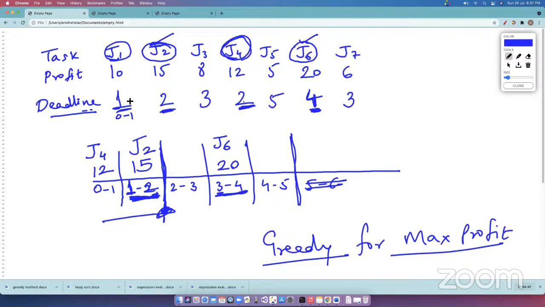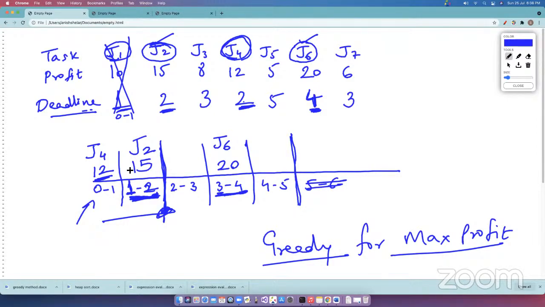Because the deadline is 1. But there is already a job sitting here between 0 to 1. You can't kick off this job and say, I will do J1 here. Why won't you say that? Because J4 has higher profit and you are more greedy to do higher profit jobs than lower profit jobs. So you say J1 can't be done, because there's already a high profit job sitting between 0 to 1.